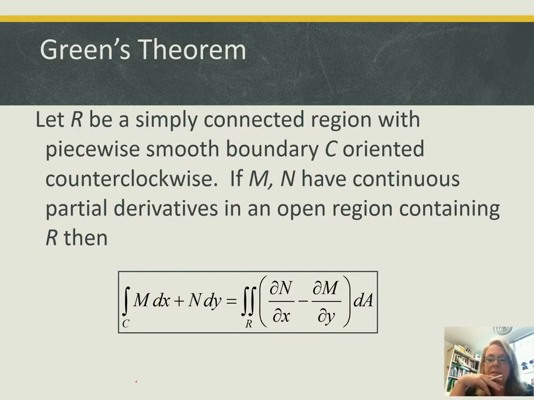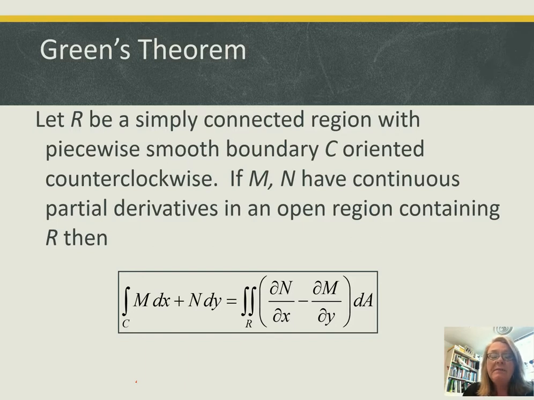So let's pull this theorem apart a little bit and focus on the assumptions, or the hypotheses, and then the conclusion. So let's start with the statement that R is a simply connected region with piecewise smooth boundary C oriented counterclockwise.